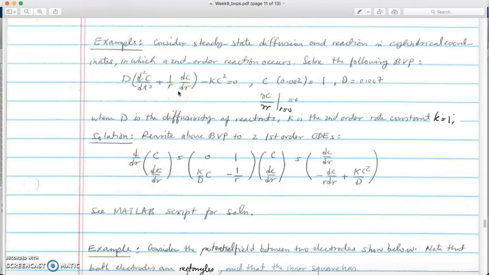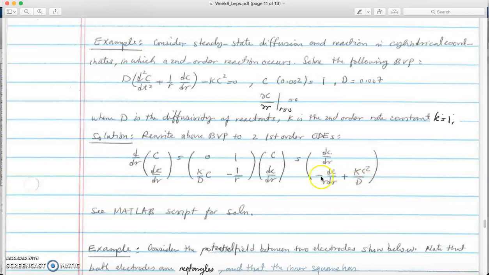If you use this equation, you can divide through by D, and then solve for d²C/dr², which is now equal to negative 1 over r dC/dr, because this term goes to the right side, plus kC² divided by D.